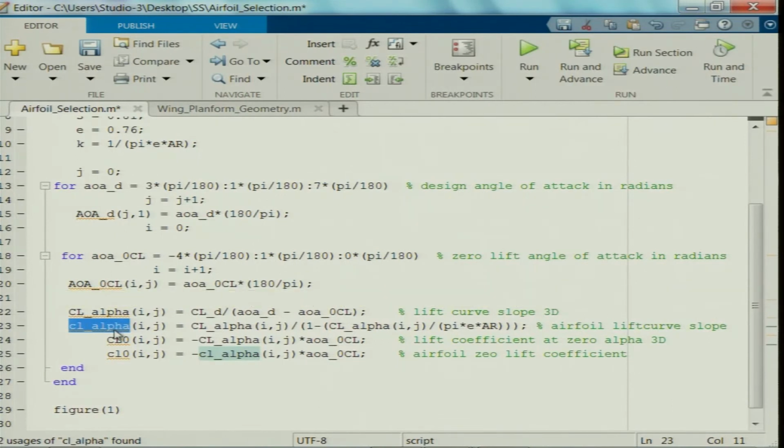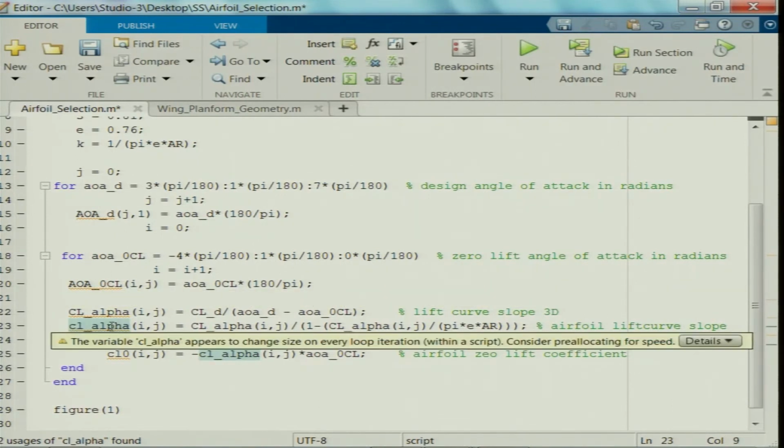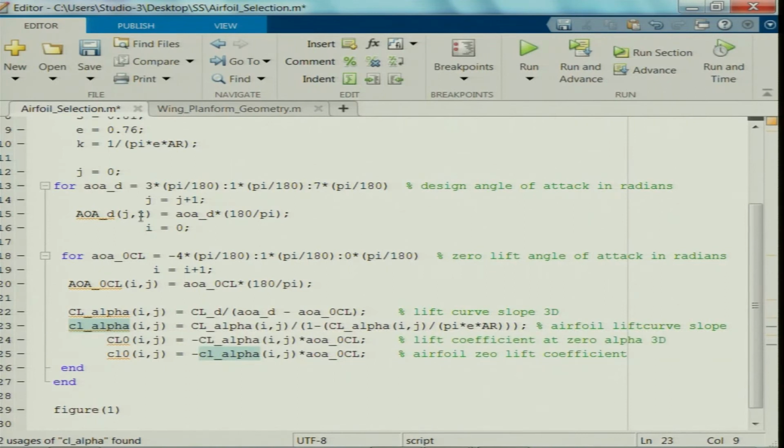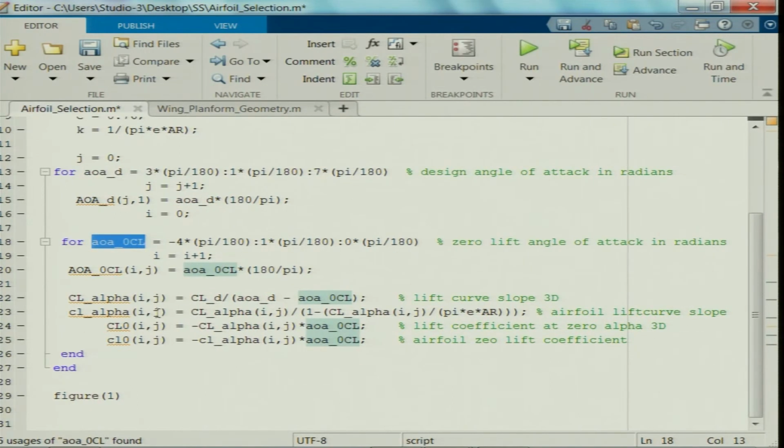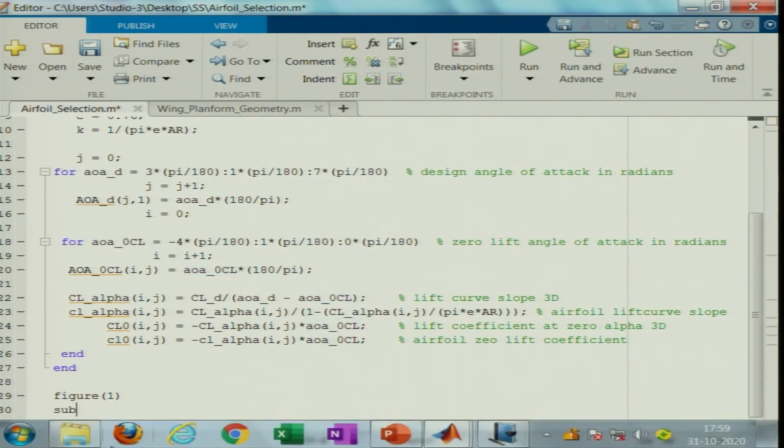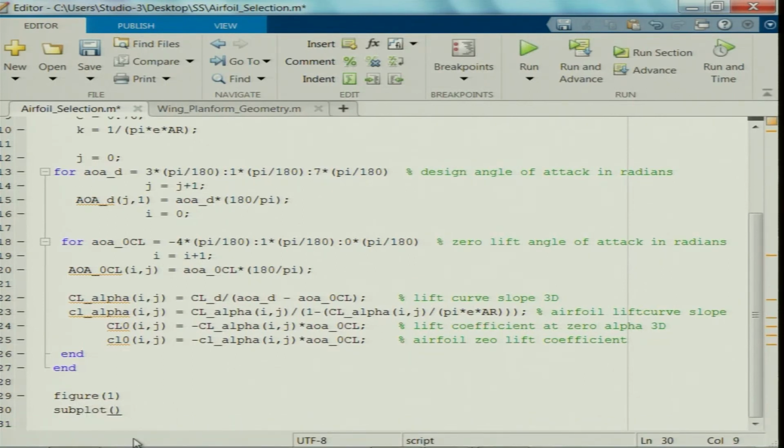At the same time, we will superimpose, when there is a change in design angle of attack, what will be the variation of these parameters with AOA at CL is 0. Okay. Subplot, mainly with four parameters, right.